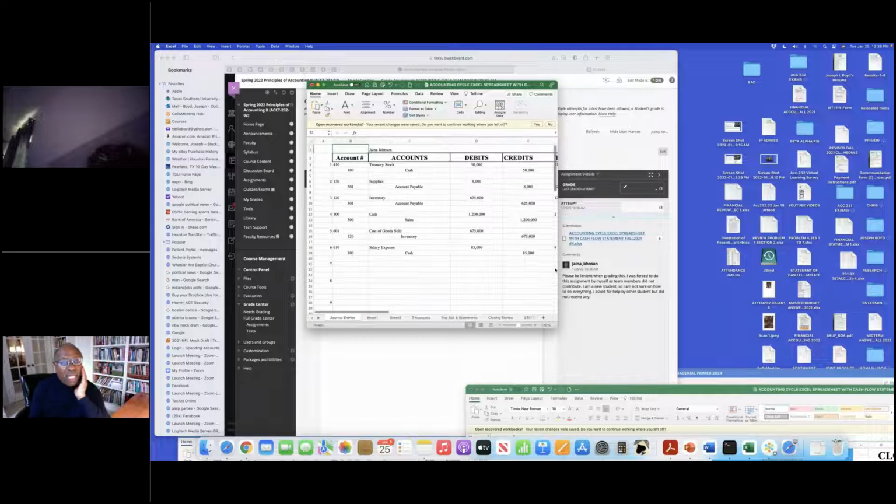You debit supplies, credit accounts payable. Debit inventory, cash and credit sales. You debit cost of goods sold, credit inventory. Salary spent. Let's go to the T accounts. Did you put in all your beginning balances?